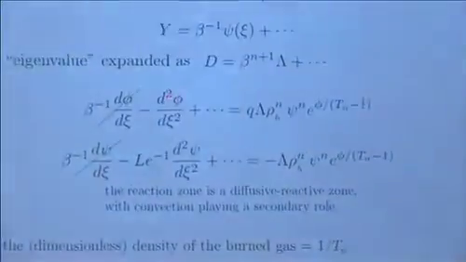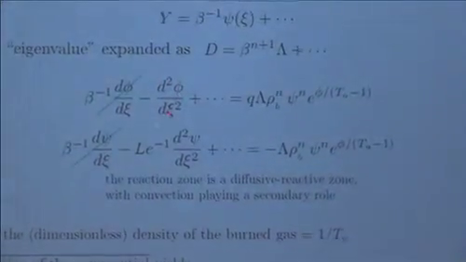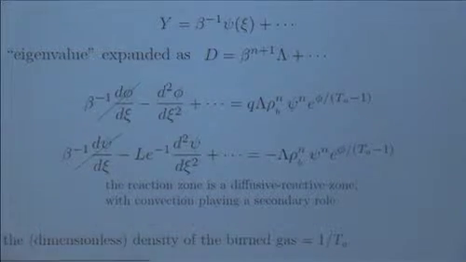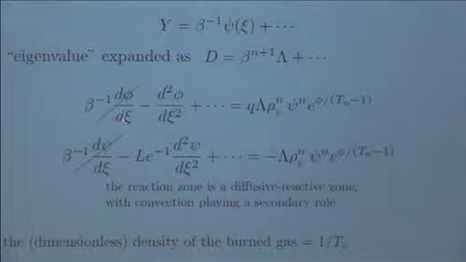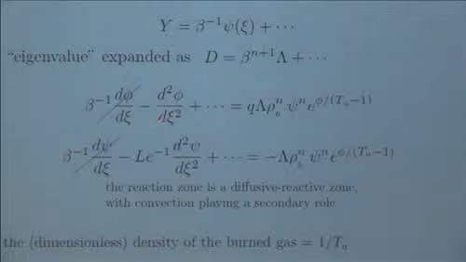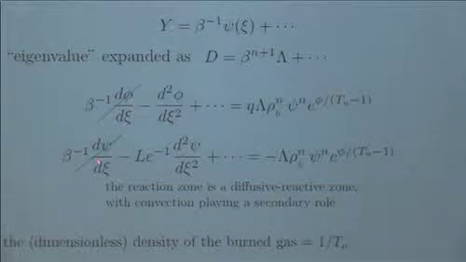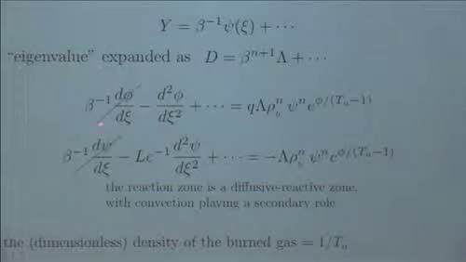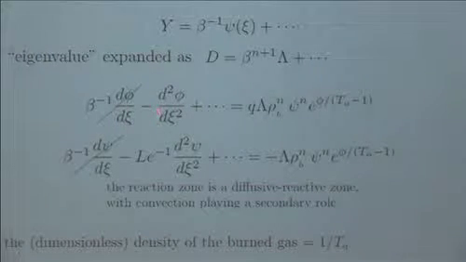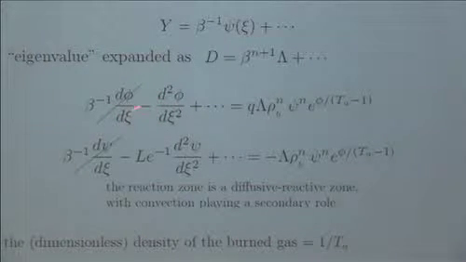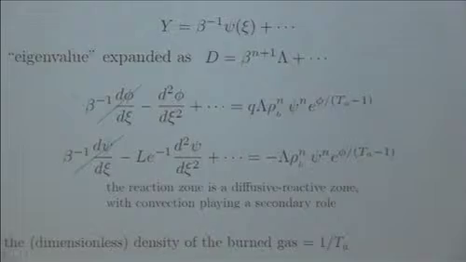After we multiply through, because there is another beta minus 1 that shows up, and there will be beta squared in the second derivative, only one beta here. When we multiply through, we see that the convective terms are multiplied by beta minus 1 as opposed to a factor 1 here, so those are small compared to diffusion. In other words, convection in this thin region is negligible compared to diffusion.